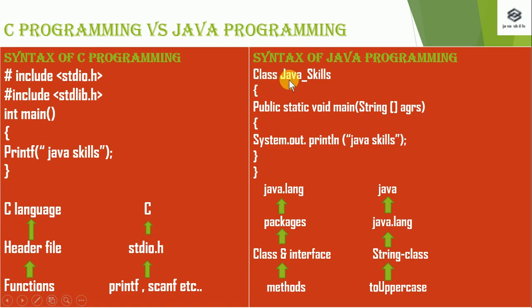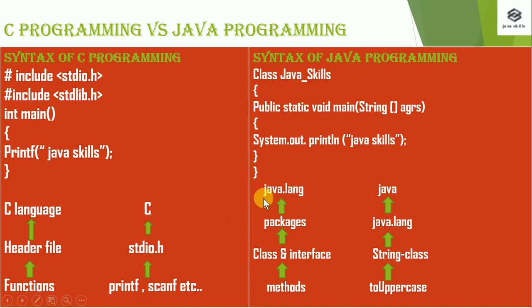There is a header equivalent, but it's not called a header file, it's called a package. In Java we call it a package. In this class JavaSkill, there are two classes, the String class and the System class, which are available in the java.lang package. java.lang is a default package, so we don't have to write that package name.